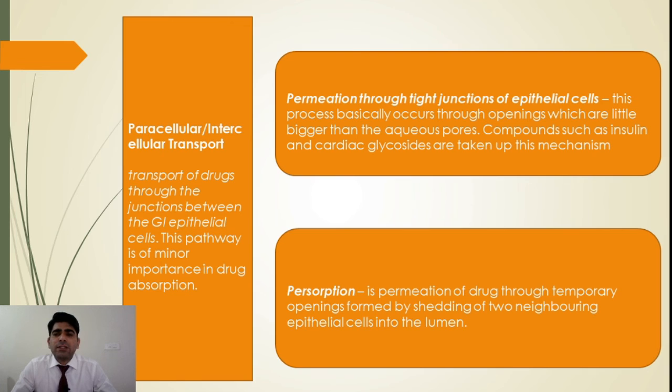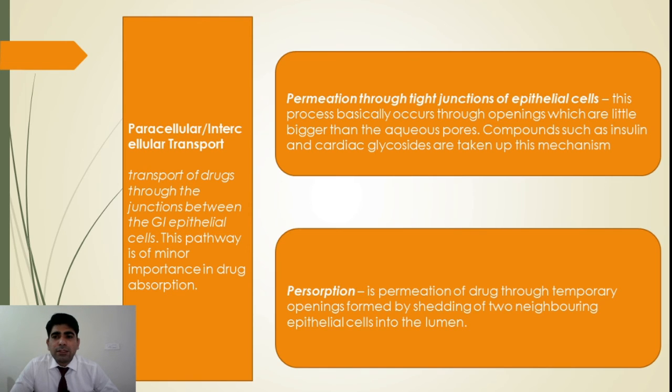Paracellular, as we have discussed earlier, is the movement of a molecule not into the cell, but in between the cells, when the drug molecules pass through the spaces available between two cells. It is further divided into two types: permeation through the tight junctions of the epithelial cells, and the second one is persorption.